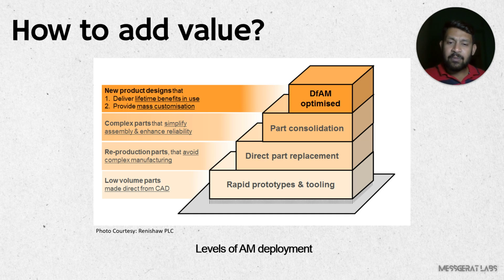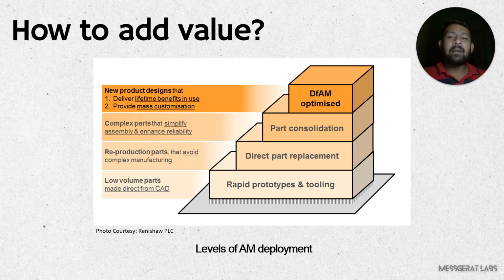And the first stage starts with rapid prototyping and tooling, where we can make low volume parts directly from CAD. So if you have a requirement of one or two components, or four components, whereas in your mass production stage, you will be having a very high volume requirement, 1 lakh, 2 lakhs. So mass production will be some other technique, but for rapid prototyping and tooling stage, you can adopt additive manufacturing.